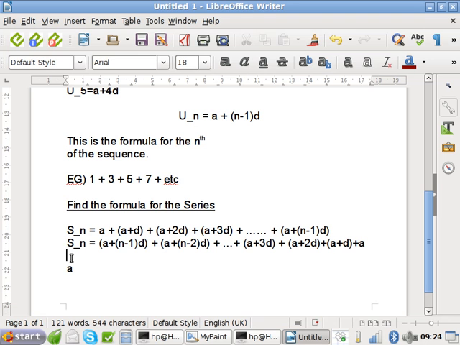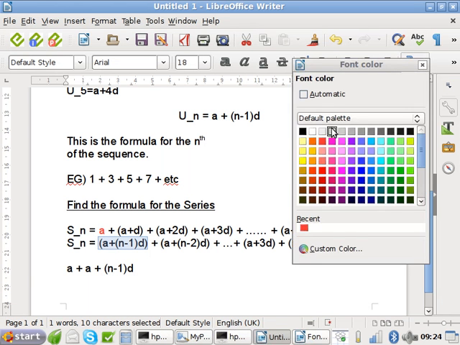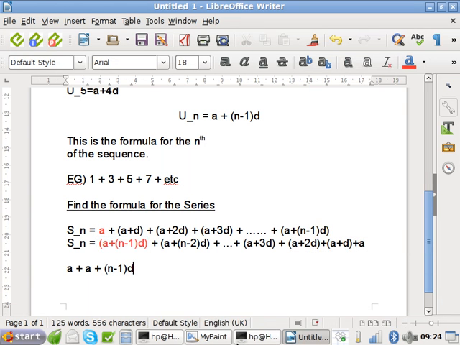If we add the first two together, I'm adding a plus n minus 1d together with this one. Can you see that? So I'm adding these two together. What does that become? That's 2a plus n minus 1d.